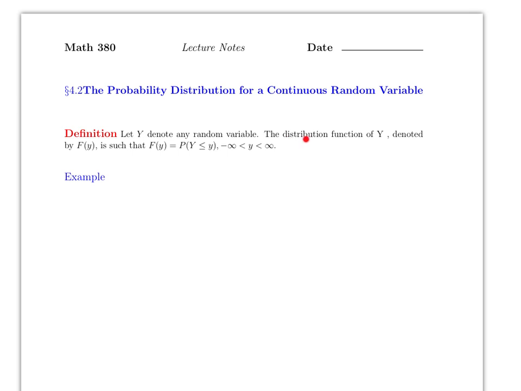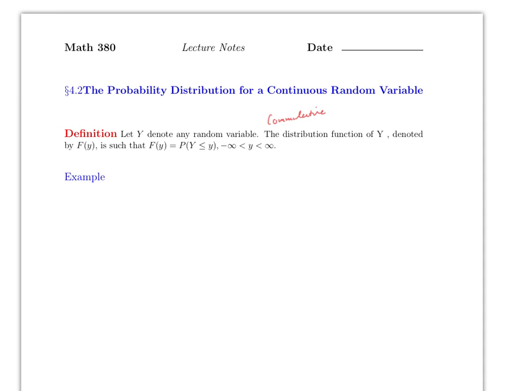So the distribution function, which most of the time is actually called the cumulative distribution function, is denoted by capital F of y, and the definition is technically just the probability that capital Y is less than or equal to y.